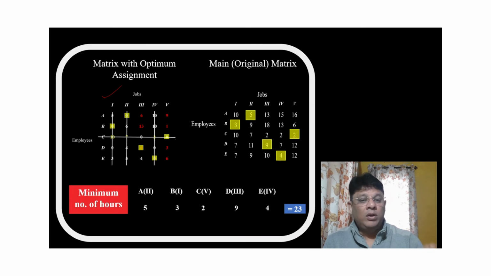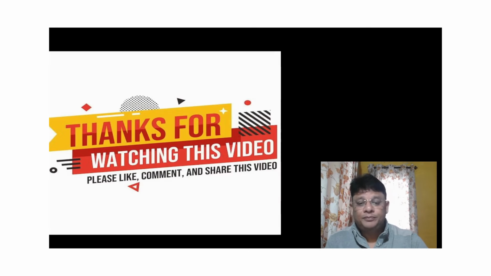So now if we assign the jobs, like I will assign employee A the second job, employee B the first job, employee C the fifth job, employee D the third job, employee E the fourth job, all the jobs will be finished in 23 hours, right? So this way you can find the optimum answer of an assignment problem, right?